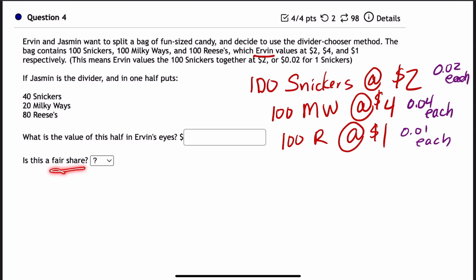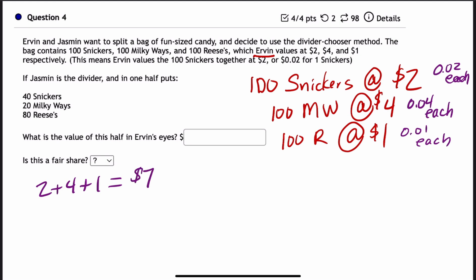And we also need to figure out what is a fair share, because in order to determine if it's a fair share, I need to know what is a fair share. Well, we find fair shares by looking at how much someone values the item. So here is Irvin's value of each piece of candy. And if we add these up, Irvin values the entire bag at $7.